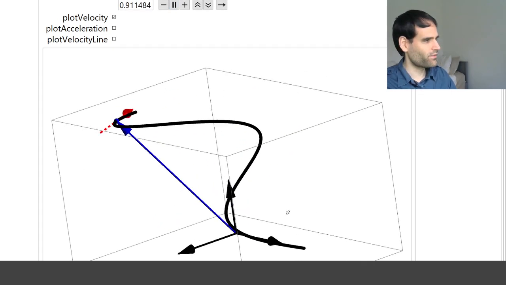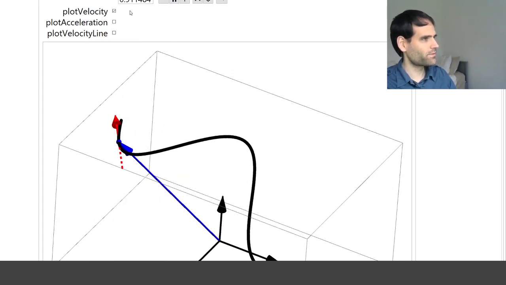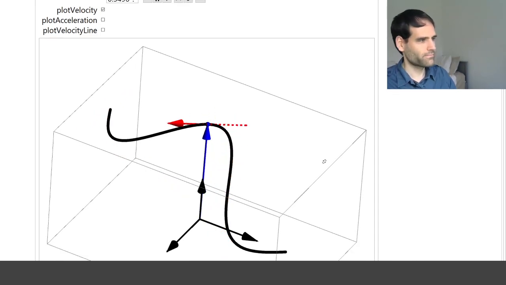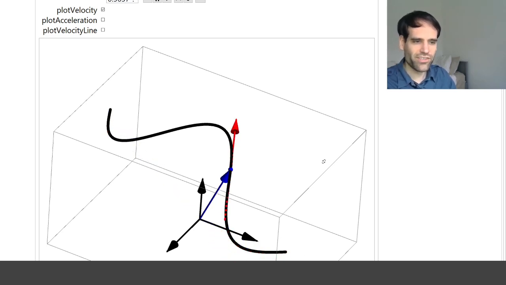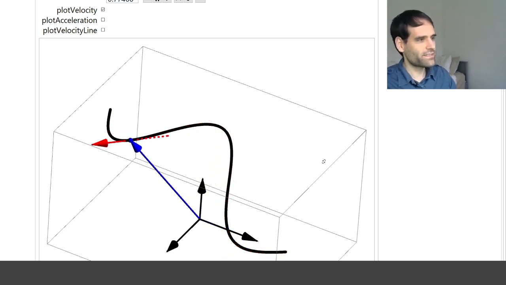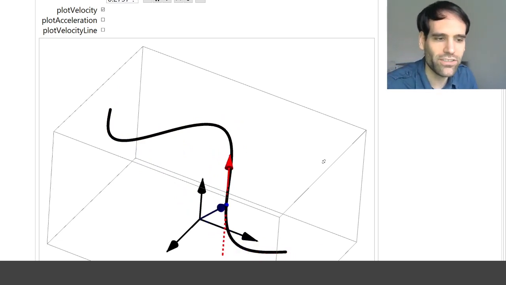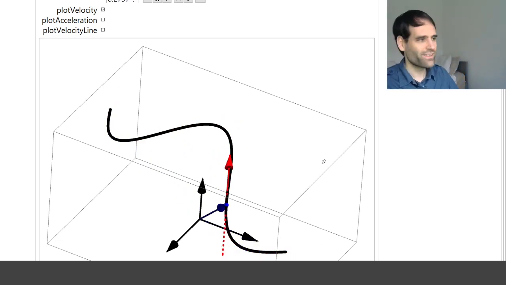Okay, it's not very easy to see from this perspective. Let us see it from here. So the red vector, which is the derivative of the blue vector, is tangent to the curve. And this makes sense because you know that the velocity is the derivative of the position vector, right? So that makes perfect sense.